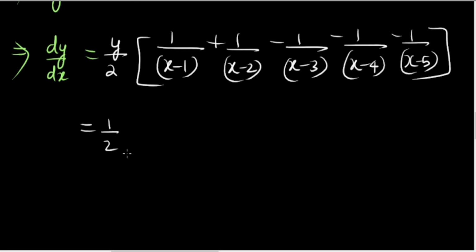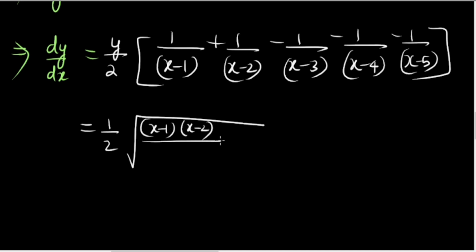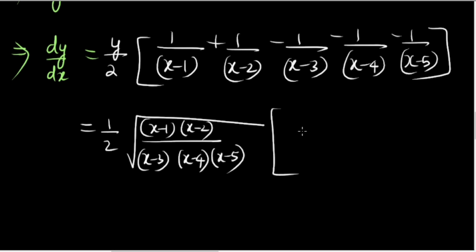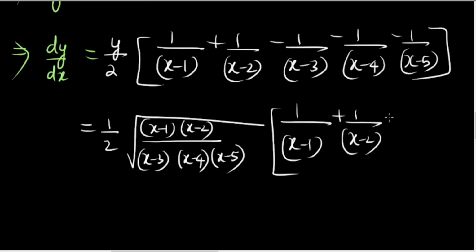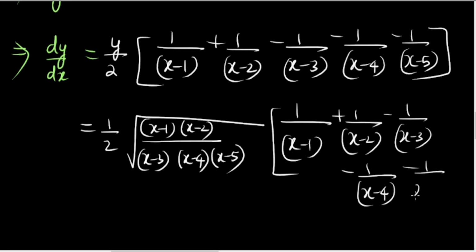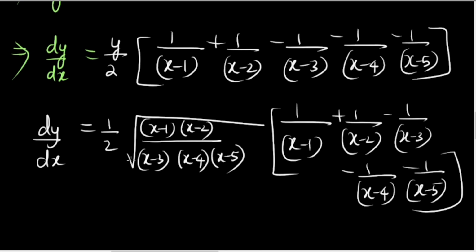So dy over dx equals (x minus 1)(x minus 2) over (x minus 3)(x minus 4)(x minus 5), and in the parenthesis we will be writing as it is: 1 over x minus 3 minus 1 over x minus 4 minus 1 over x minus 5. So this is our required answer.